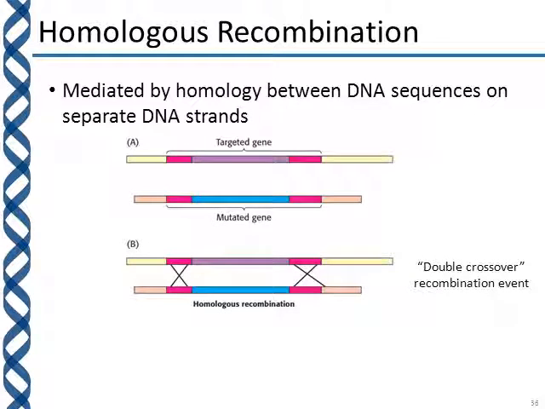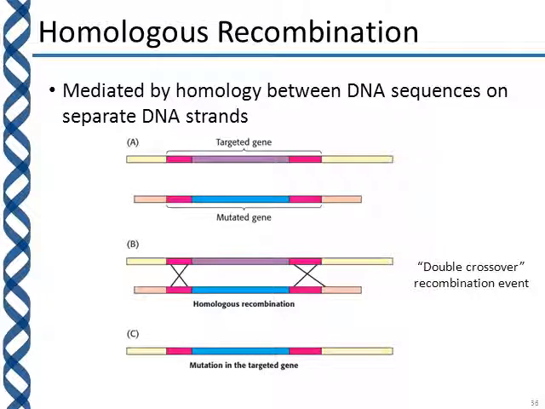Based on this homology, there is a double crossover recombination event, such that the mutated gene is now inserted into the area of the targeted gene based on the homologous portions on either side of the targeted gene.